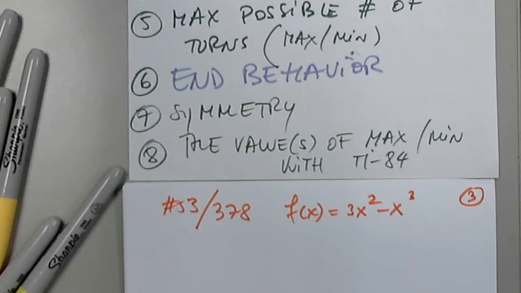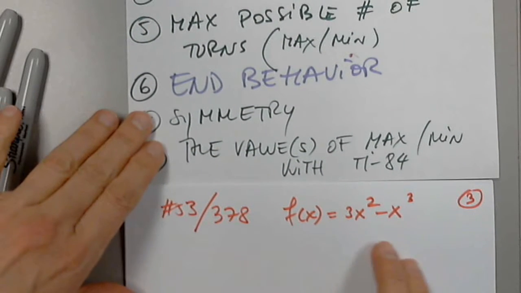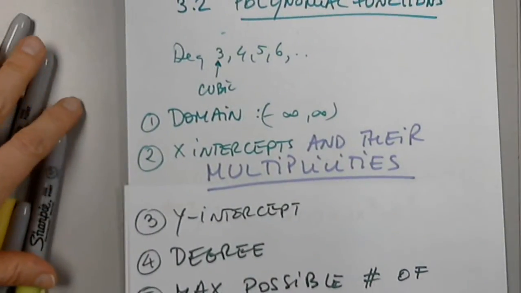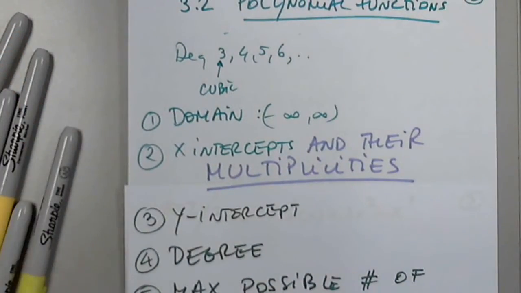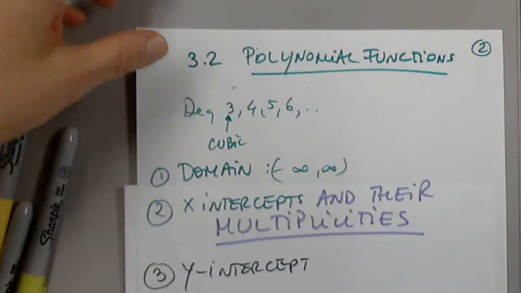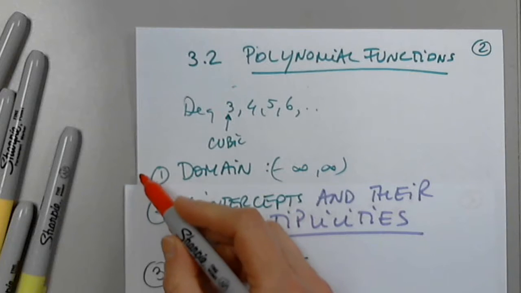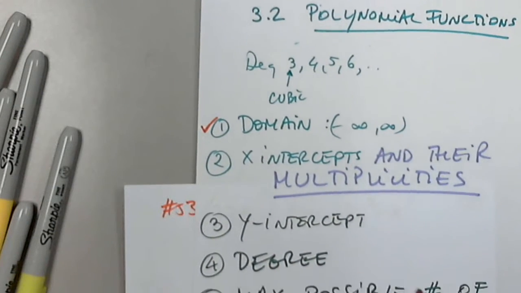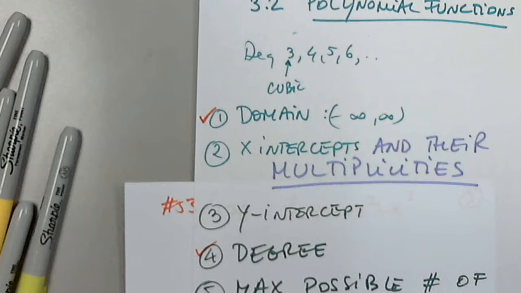Okay. Before we even start the problem, let's go through this list and see what we know and what we don't. I already said it, but let's just go over. Okay. Domain. Do I know the domain of this function? Correct. Do I know the degree of this function?